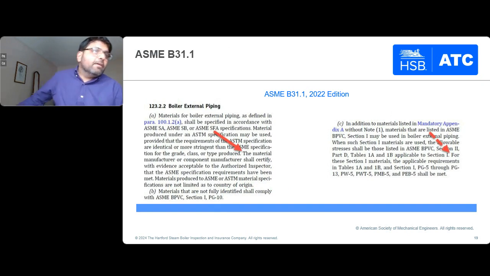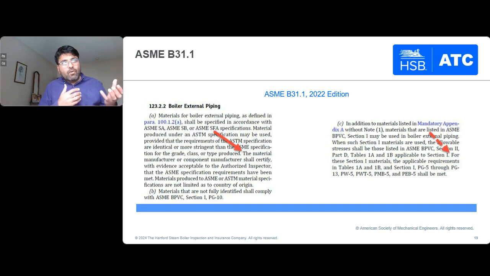Boiler external piping in B31.1 is of interest to us. It talks about both BEP and non-BEP, but I was just curious to take a look at the BEP section. So within this paragraph here, 123.2.2, there's a subparagraph C that tells you that you can use Section 1 materials for BEP applications. So again, that's interesting information, because typically OEMs that make boilers would also do piping work, and it could go the other way.